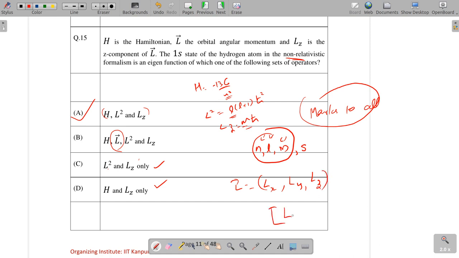Since they do not commute, like Lx and Ly, if you measure one of the components of L, say Lx, then you are not in an eigenstate of Ly. So only this gives you the most general set of operators. So that is the right answer.